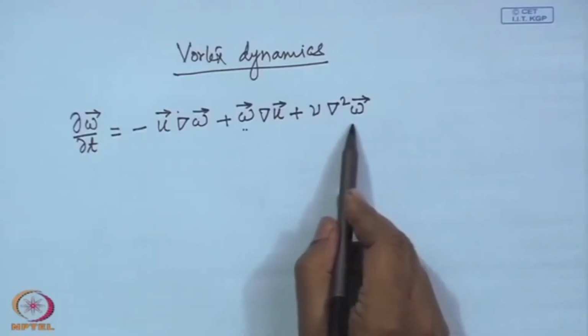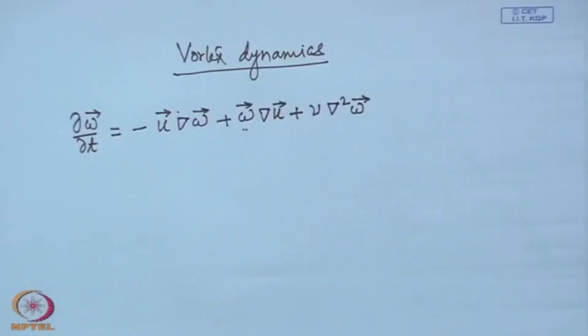And the last term is vorticity diffusion. It shows that vorticity can be spread from one part of the fluid to another part simply by the action of diffusion by viscosity. That is, if there is vorticity at certain places, the viscosity can diffuse it to other parts.